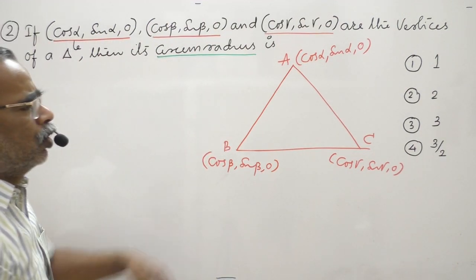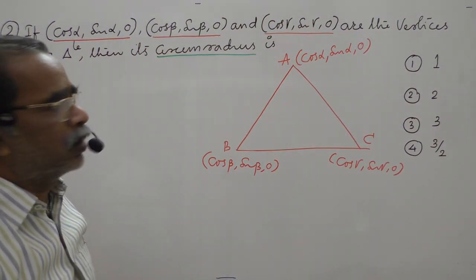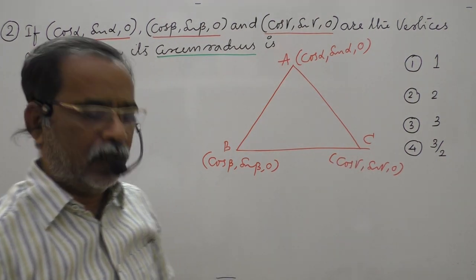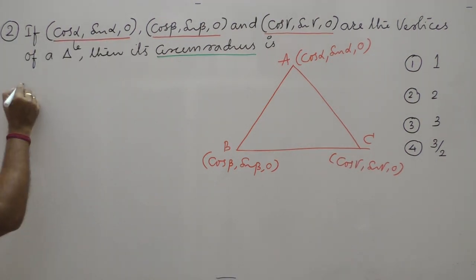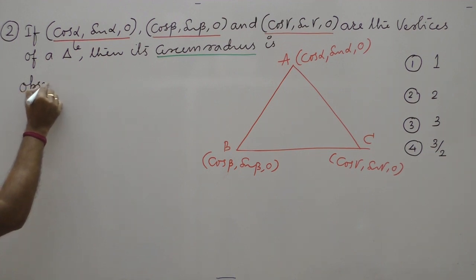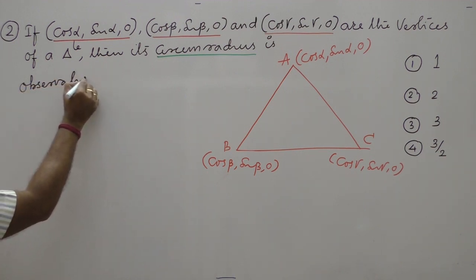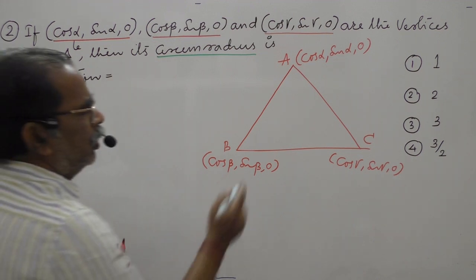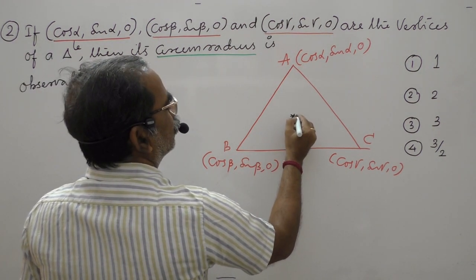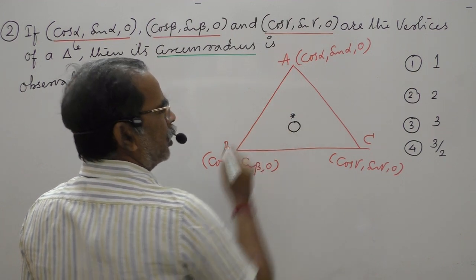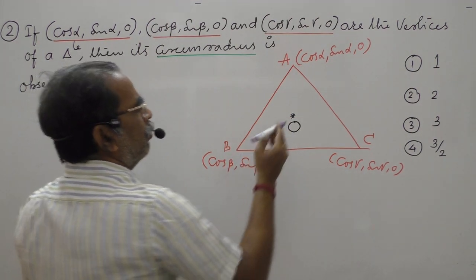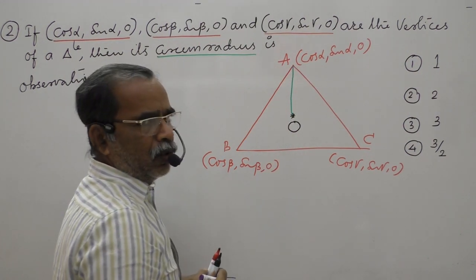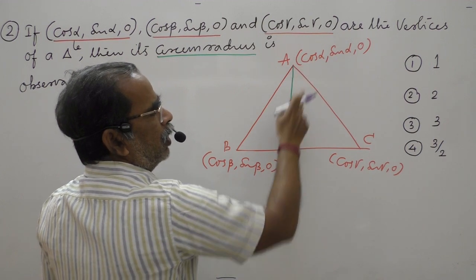Okay. So you please observe the vertices. Cos sin 0, cos sin 0, cos sin 0. Therefore, by eye observation, see, if you take origin, because they are all sin, cos, listen carefully. If you find the distance from A to origin, origin means 0, 0, 0. What will be the distance?